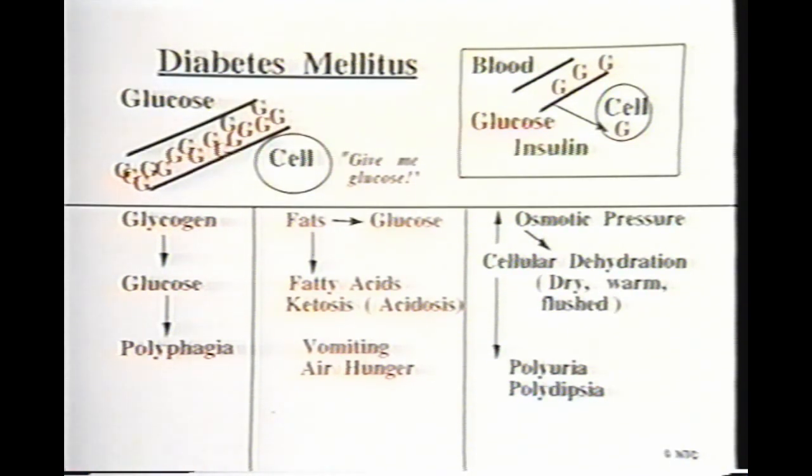So they develop polyuria. And of course the polydipsia from the dehydration. So now we see our characteristic 3 polys that we think of with diabetes. We have polyuria, polydipsia, and polyphagia, or increased hunger. So that, in a very little nutshell, is what happens when the patient develops ketoacidosis.